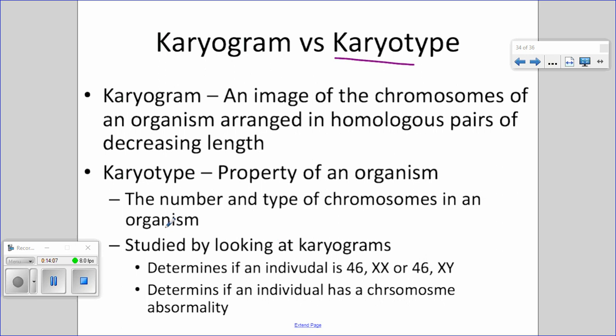So the karyotype will show the number and types of chromosomes in an organism. The karyotype is studied by looking at karyograms. It determines if an individual has all 46 chromosomes, has two X chromosomes, or has 46 chromosomes and has a combination of XY. And it also determines if an individual has any chromosome abnormalities.